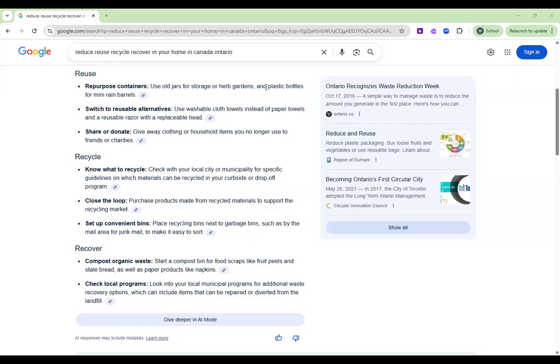Recycle, knowing what to recycle. We just went through that in our last class, looking at the different types of plastics that might be allowed to be recycled in your area, different types of cardboard, paper, that type of thing that can be recycled. Looking at whether glass is recyclable. If it's not, then trying to reuse it like we just went over. Be careful that you don't put anything in recycling that is dirty or damaged.